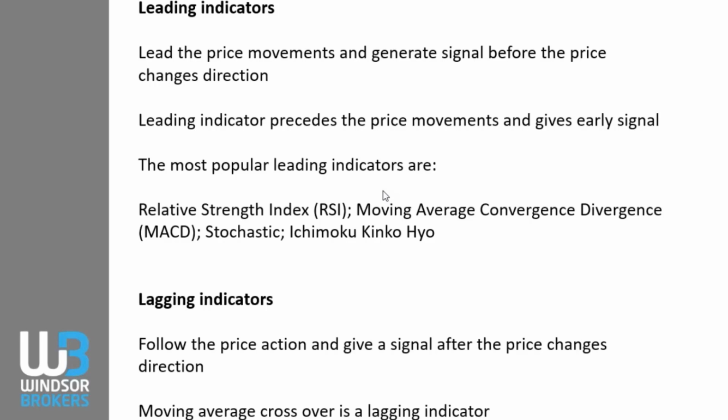A leading indicator will give you an indication before the price action starts changing its direction. So you will have enough time to prepare yourself if you are, let's say, in an uptrend and one of your leading indicators starts turning to the downside. This is your initial signal, and a leading indicator precedes the market action. So you have a signal in advance.